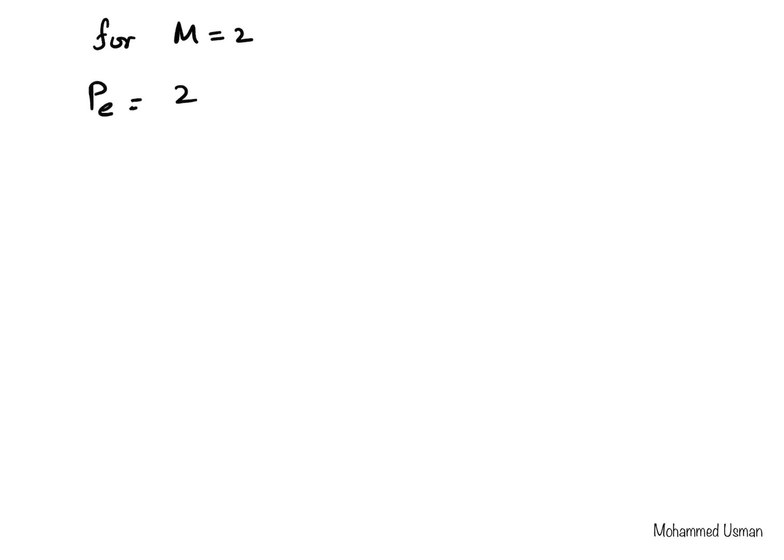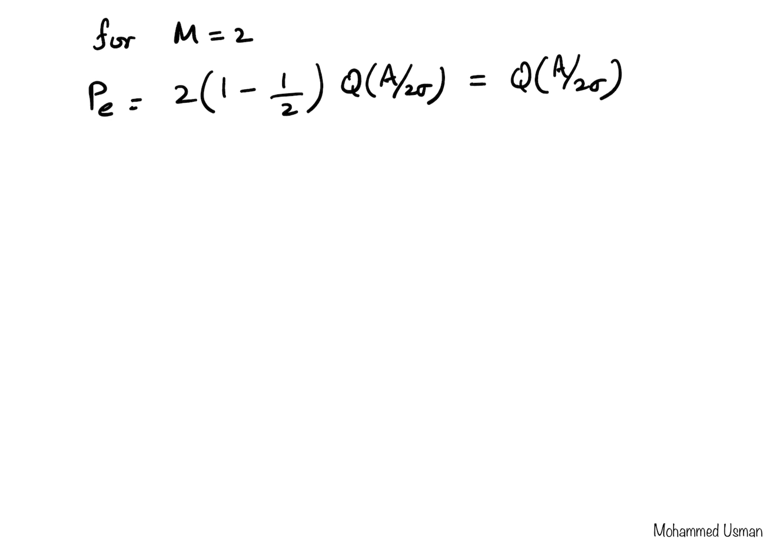the error probability is 2 into (1 minus 1 by M), M is 2, Q of A by 2 sigma, which is 1 minus half is half, half into 2 is 1, which is simply Q of A by 2 sigma.